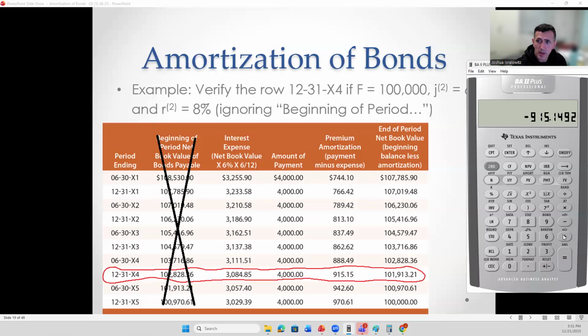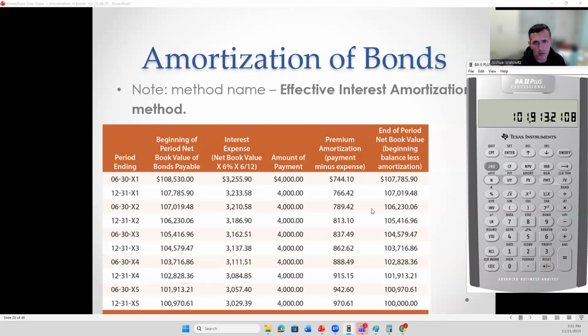Take your prior outstanding balance, 102,828.36, minus this, and we get 101,913.20. This is important to remember, your definition of how loans work, when doing certain Exam FM computations. Be aware.